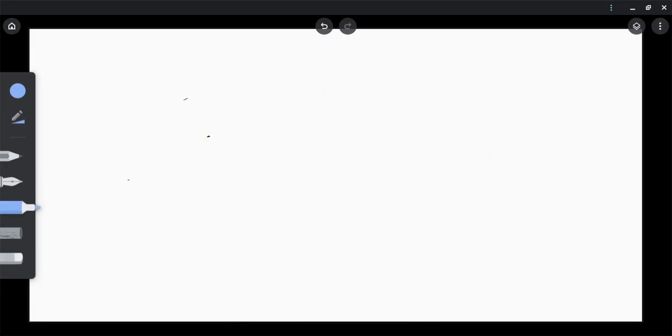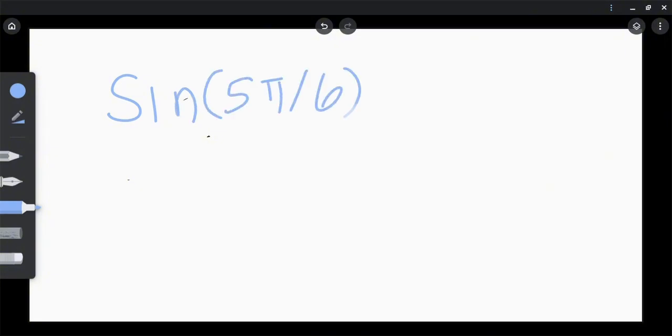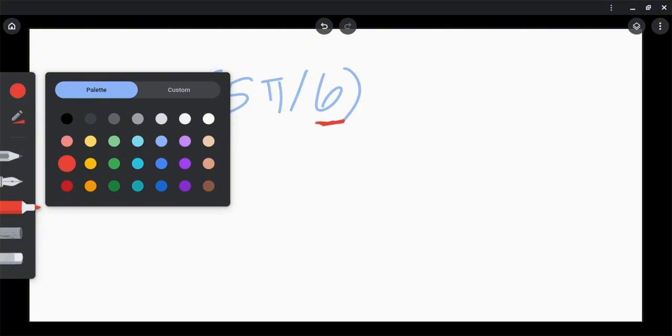Okay, so now we'll get to the important thing, that is evaluating angles. So let's say they ask you, what's sine 5 pi over 6? Okay? So you have to remember your benchmark angles. This 6 represents that you're going to have a 30-degree reference angle.